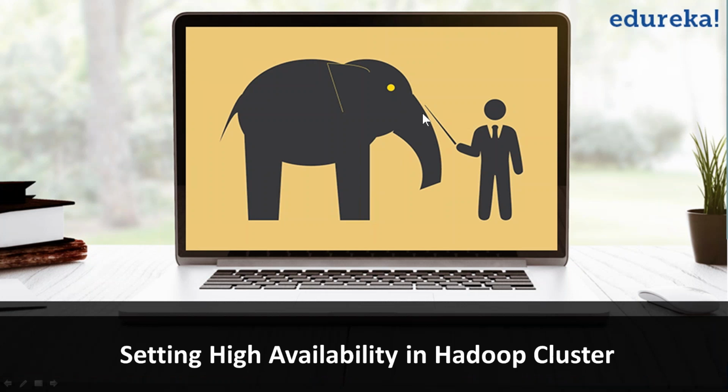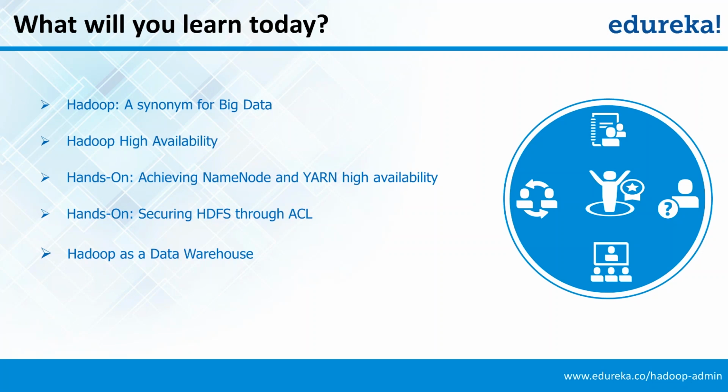Today the topic of our webinar is setting up high availability in the Hadoop cluster. What you will learn today is what Hadoop, a synonym for big data, is all about, and Hadoop high availability, an advanced feature in the next version of Hadoop.